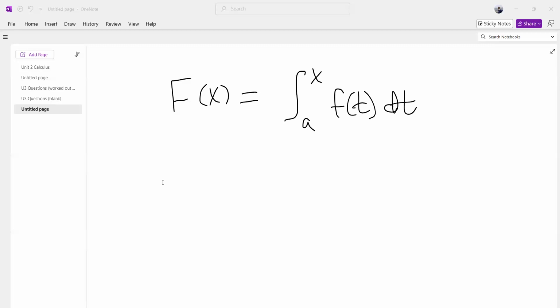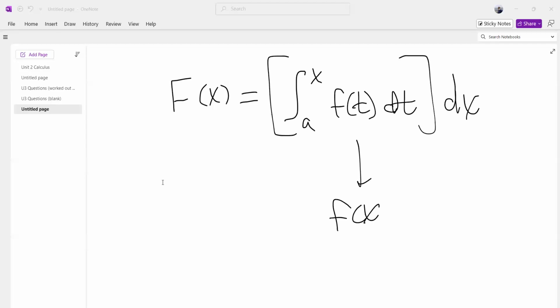How are we able to say that when we do this, that we get f of x? Or in other words, we take the derivative of the antiderivative. How do we know that we're going to get back to the original function?